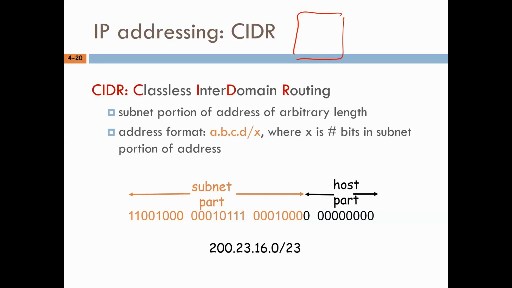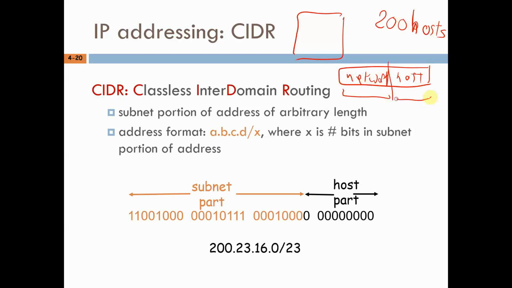Let's say the ISP determines that there is a maximum of 200 hosts. Okay, so I need to be able to give a maximum of 200 IP addresses. That means that if I have the IP address, and I have the host part and the network part, all the devices in my network will have the same network address.